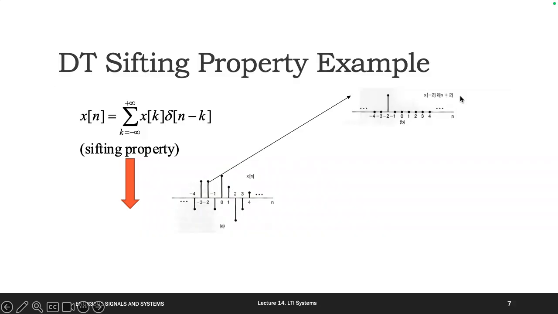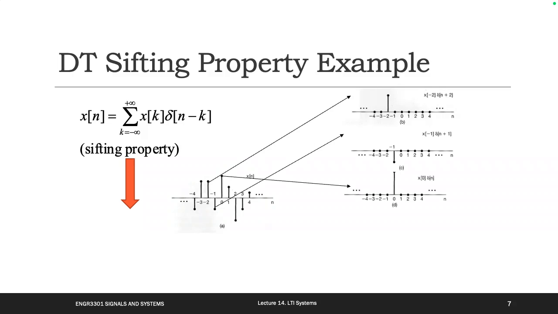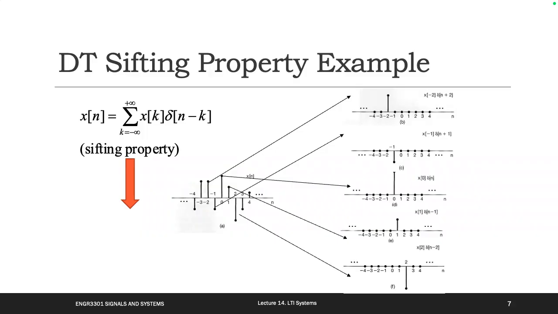And for the -1 you have this one, and for the 0 you have this one, and for the 1 you have this one, and for the 2 you have this one. And the other things are the same, a similar equation. So that's the reason why.